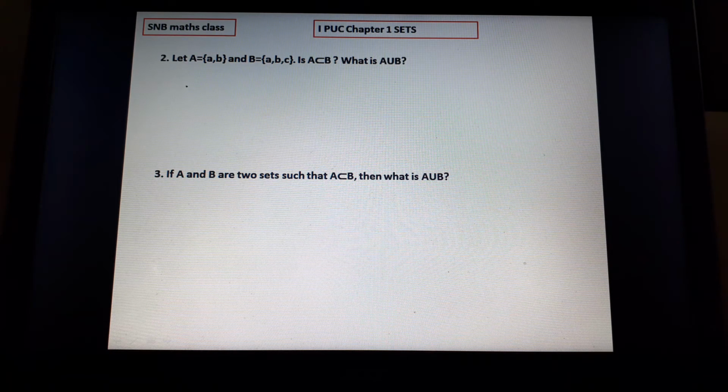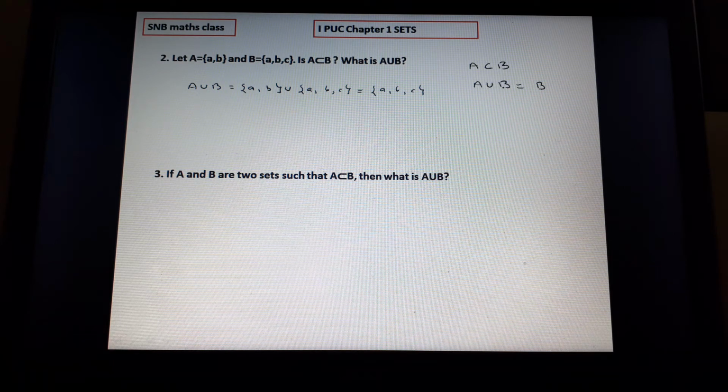When you take A union B, you get {a, b} union {a, b, c} and you get {a, b, c}. Actually, property says whenever A is a subset of B, A union B should be B, because whatever element is here I have to take, whatever element is here also I have to take.